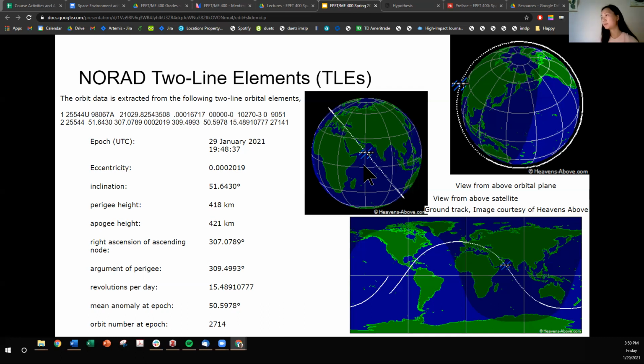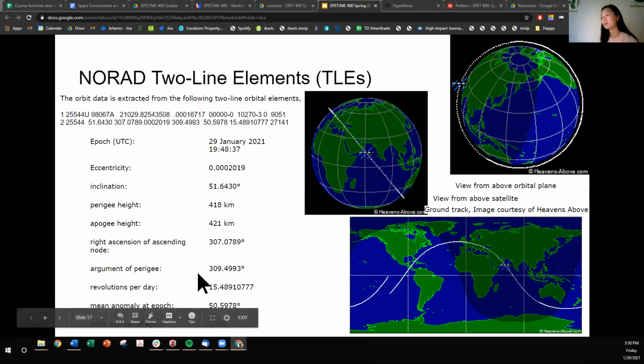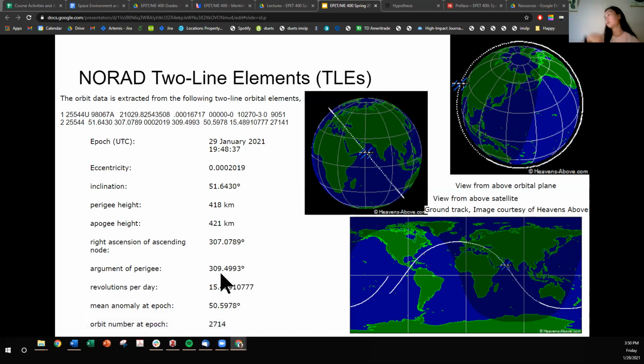And in this particular instance, its argument of perigee is 309 degrees along the orbit. There are 15 revolutions per day, which is about 90 minutes per orbit.